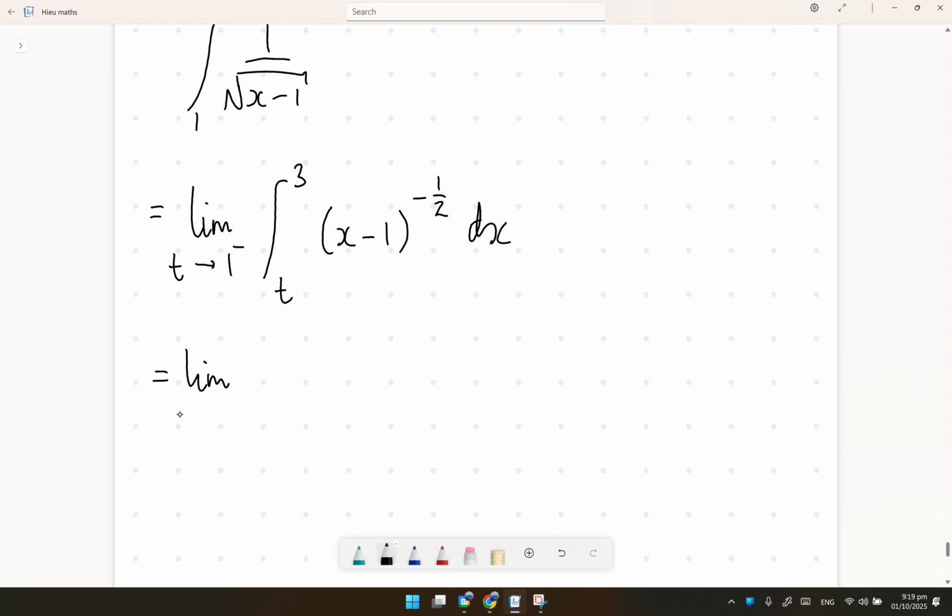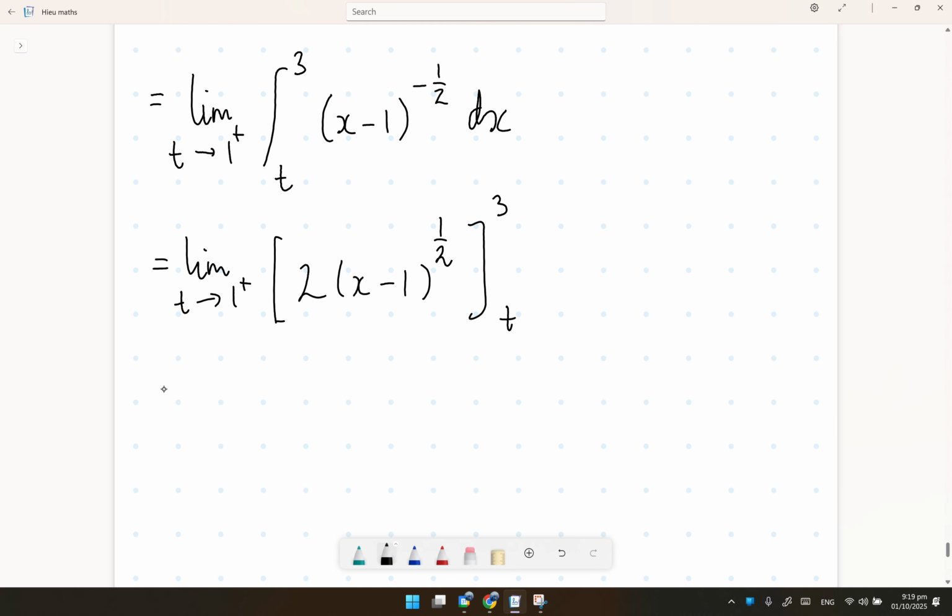The integration of this is to increase the power by 1 and divide by the new power, so it's 2 times x minus 1 to the power of 1/2, just the square root, from t to 3.